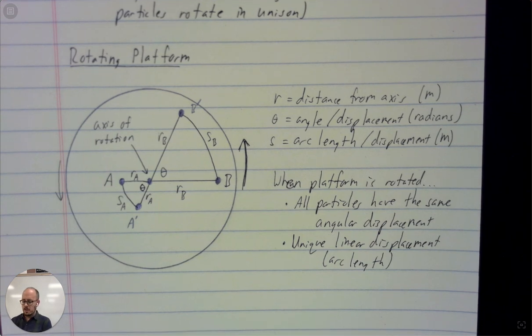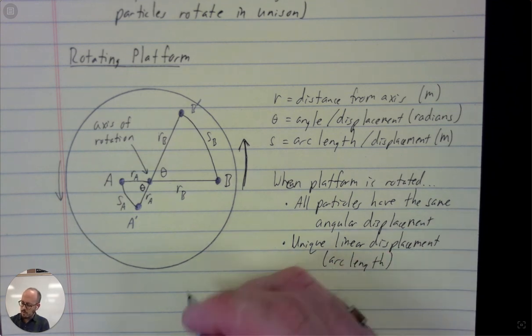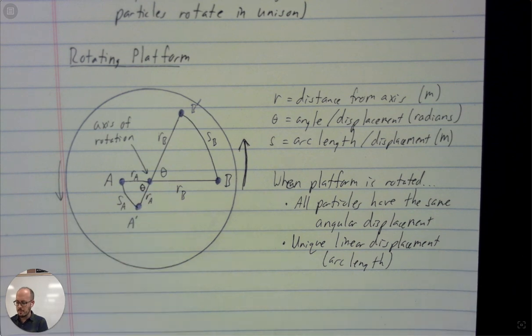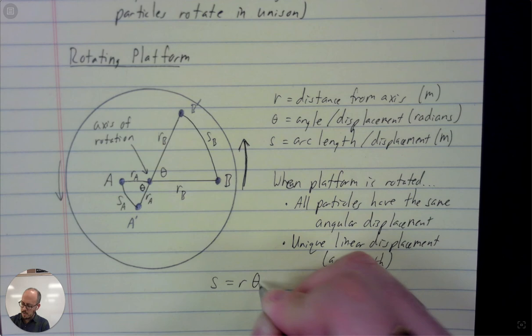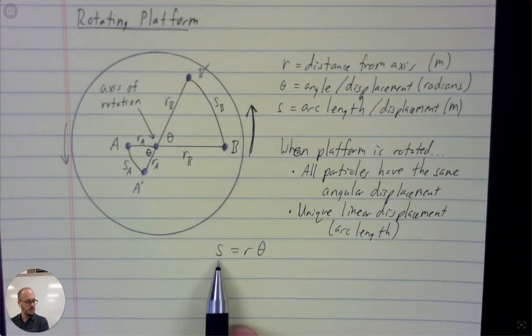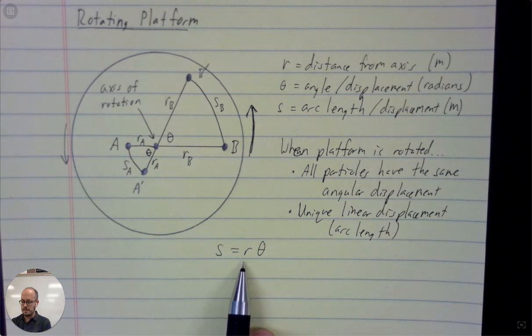And so the way that we work with these values is the following relationship. These three variables are mathematically related. S equals R times theta. The linear distance that a point will travel is equal to the distance it is away from the central point times the angle that it's displaced. And so you'll see there's two more equations like this in this part of the unit that deal with linear and angular variables.